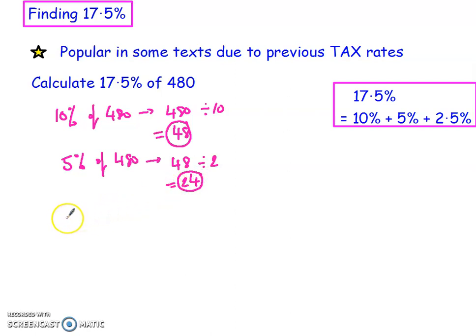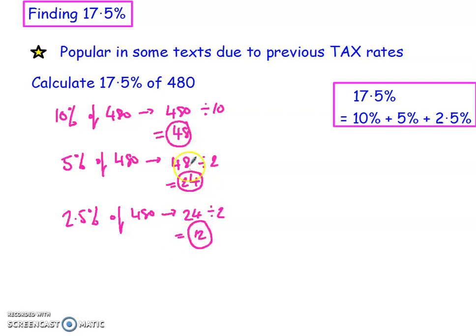And then 2.5% compares to 5% as it's also half. So we half the value we found here, and that gives us 2.5% of 480. And again, that's working with the 24. Half the 24 gives us 12.